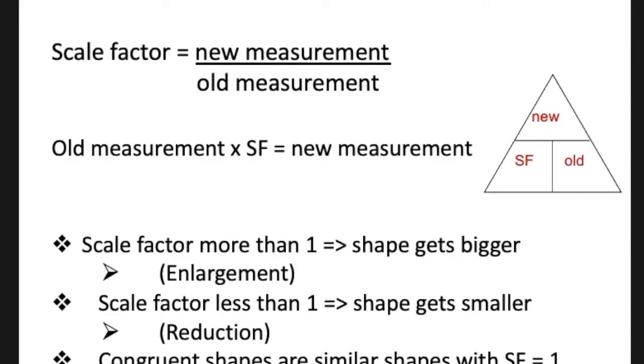As a general rule of thumb, a scale factor which is more than 1 means the shape gets bigger, and that is called an enlargement or scaling up. If a scale factor, on the other hand, is less than 1, that means the shape gets smaller, which is called a reduction or scaling down.